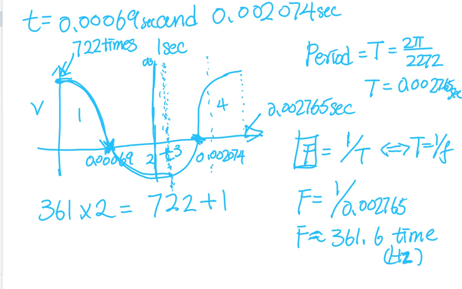So 0.6 would go a bit into sector 3, but it wouldn't go into sector 4. So it will not reach a velocity of 0 again. Instead of twice, it gives us 1 extra time that its velocity is equal to 0. So the answer in the textbook will be 723 times. That's how they come up with that number.